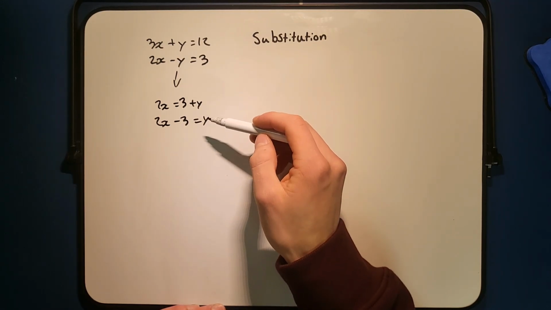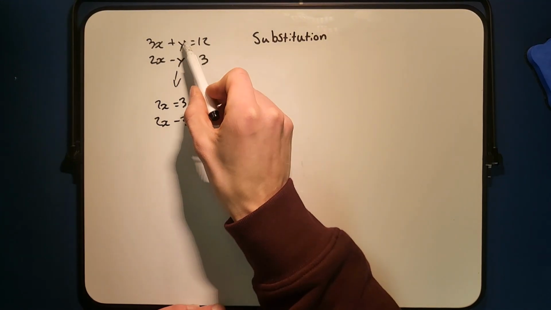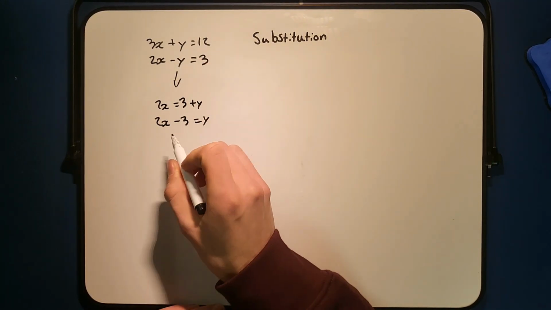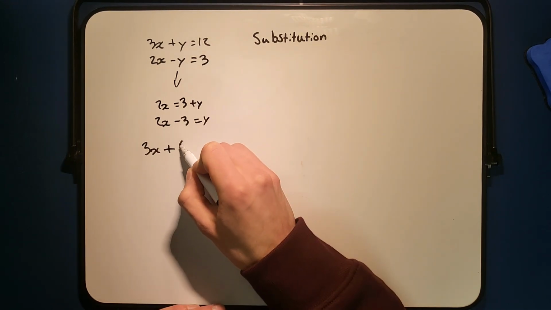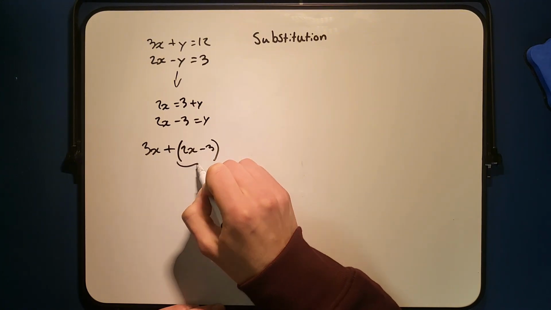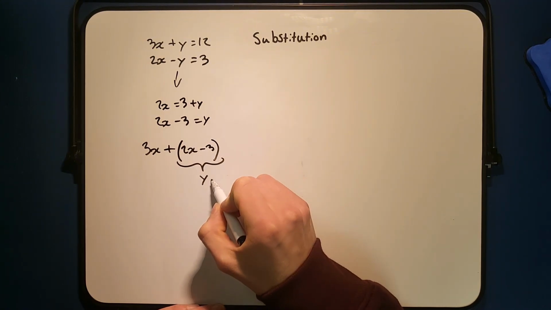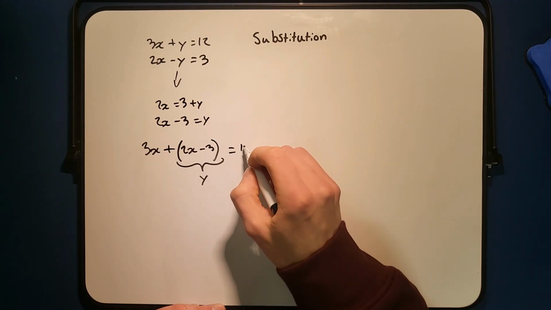We can then use this equation and substitute it into this equation. This will give us 3x plus, and we can make a big bracket here, 2x minus 3, as this whole part is equal to y, as we just found out from the other equation. And that is equal to 12.